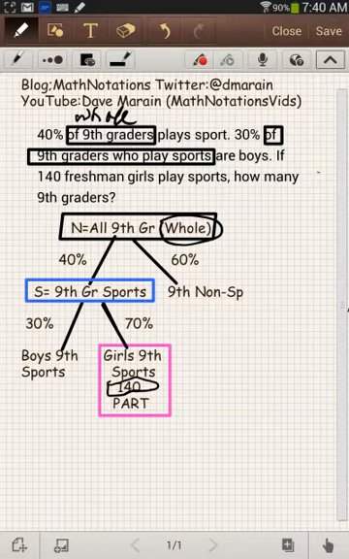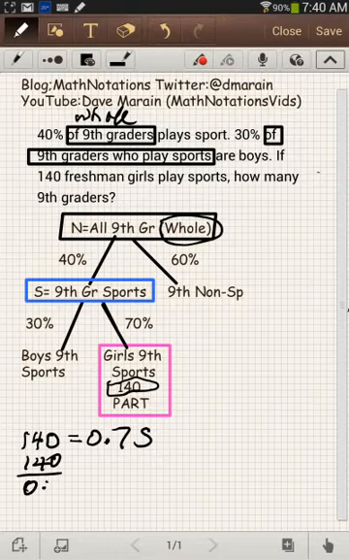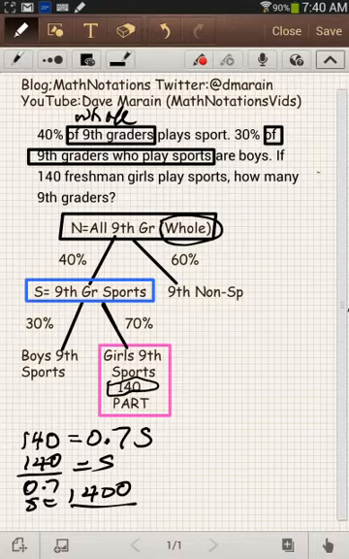140 represents 70% of S. So a straight algebraic approach would be like this. 140 divided by 0.7 equals S, and I'll show this in case it's a non-calculator part of the test, so S equals 1400 over 7, 200.